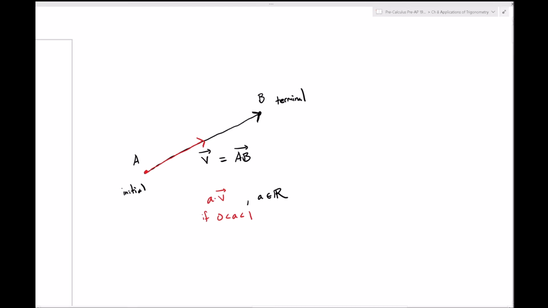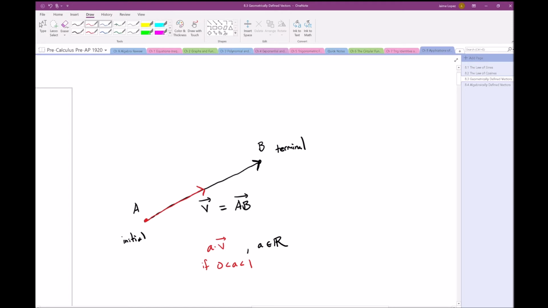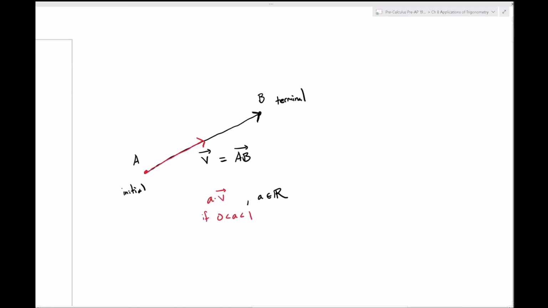Now, if A was bigger than 1, I could probably do that in green. If A is bigger than 1, then this would result in a vector also that starts at A, but will be longer. Maybe not a lot, but this will be A times V, where A is bigger than 1. So we stretch the vector out.